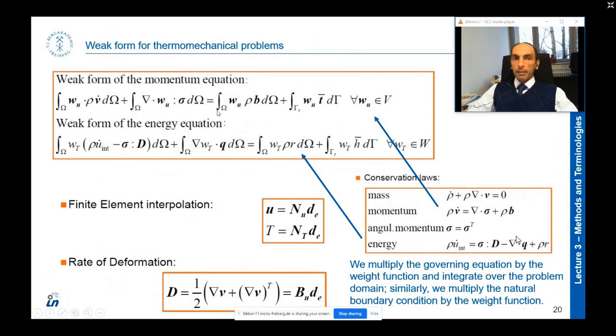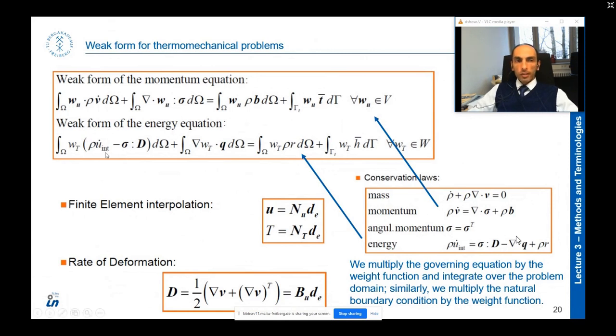You can see these three terms here, here, here. Then we calculate the integral on the whole domain, on your workpiece. And this last term is the boundary condition. So by obtaining the weak form, the boundary conditions come into the calculation as a term in the integral form again.